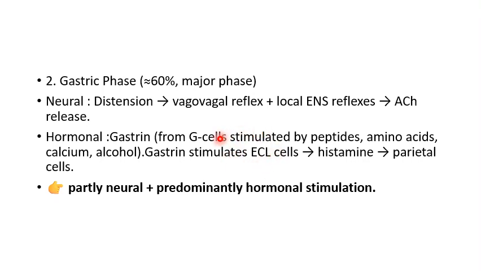And this gastrin in turn stimulates the ECL, enterochromaffin-like cells, and that releases histamine, and both histamine and gastrin act on their receptors on the parietal cell, and they stimulate the HCl secretion.